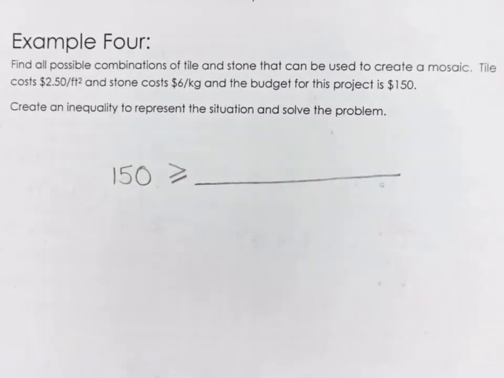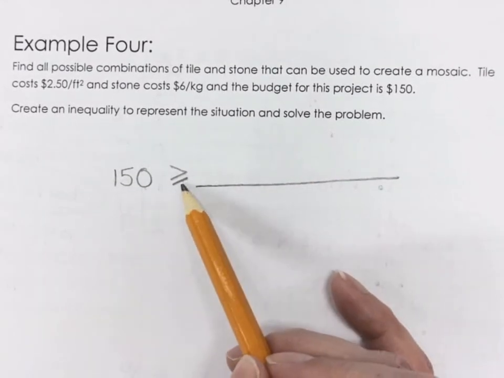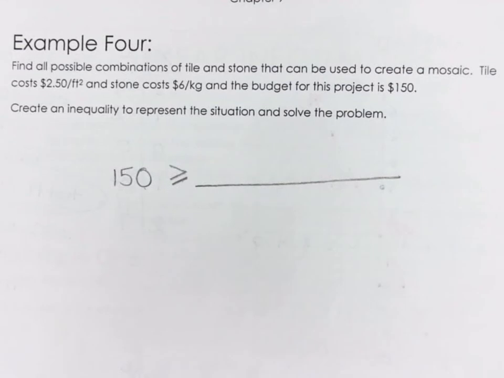Does that make sense? I can't spend 151. This side has to be either equal to 150 or it has to be less than 150. All right. Okay, so creating a linear equation from grade 10, we're digging deep. What do I have? I've got 2 different variables. What am I dealing with?